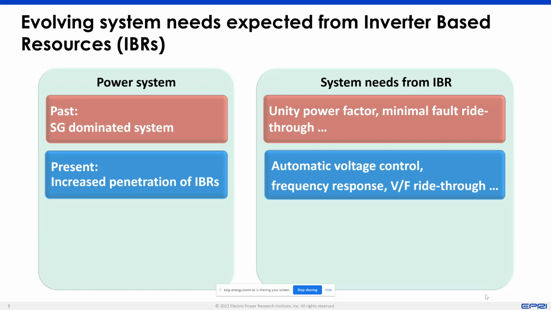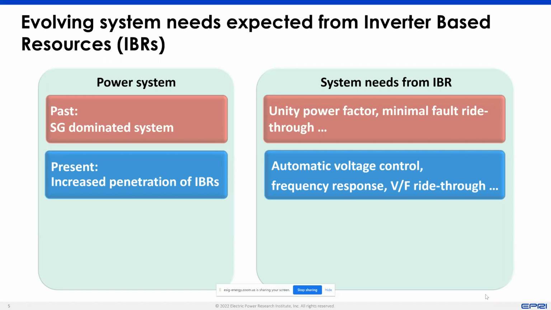So as the system evolved and we had more inverter resources coming into the system, we wanted more services from them, primarily things like closed loop voltage control, maybe closed loop frequency response. And note that these are capabilities. There's no reason that this capability will be used up, but the capability should be there. For those familiar with FERC Order 842 and 828, that brings about this capability to provide automatic voltage control and frequency response at the entire plant level.